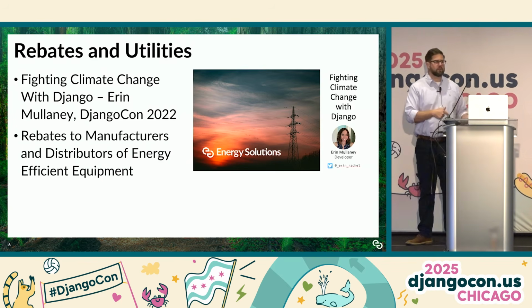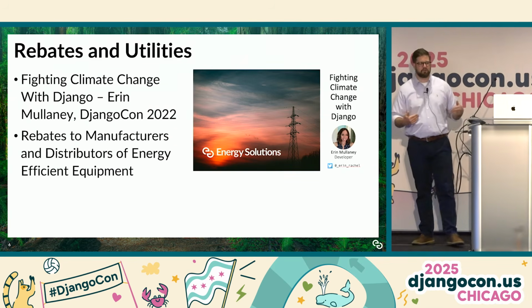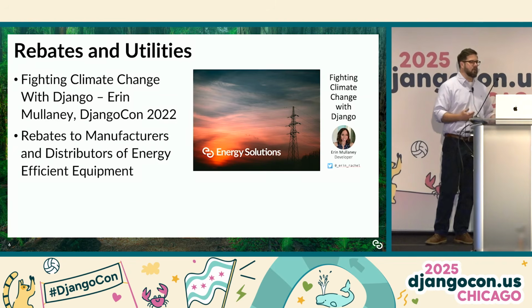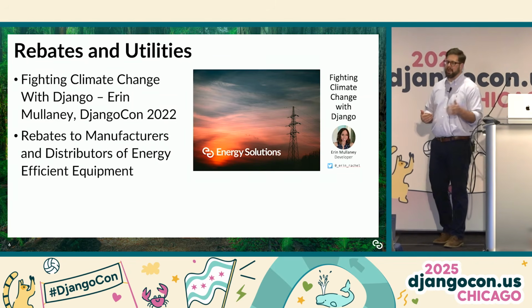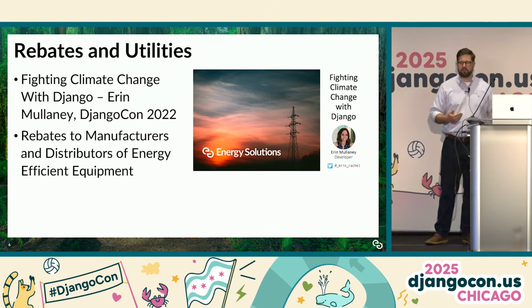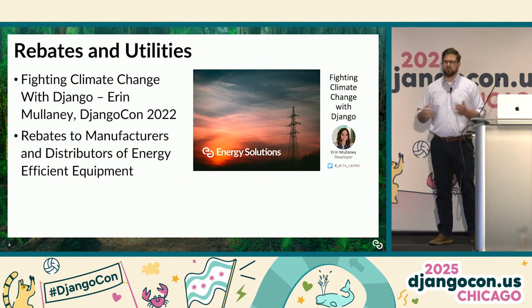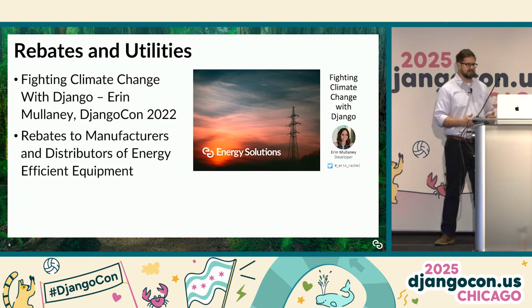Without these rebates, your other choice might be a more efficient air conditioner that is, say, $7,000, but can't be installed for weeks because it's not in stock. With these rebates, that efficient equipment is much more likely to be in stock, and the price will come down, meaning you're making the decision more on something like total cost of ownership rather than, well, I can't afford that and it can't be installed. I'm not going to be without AC for 3 weeks. So that's how we incentivize these things.